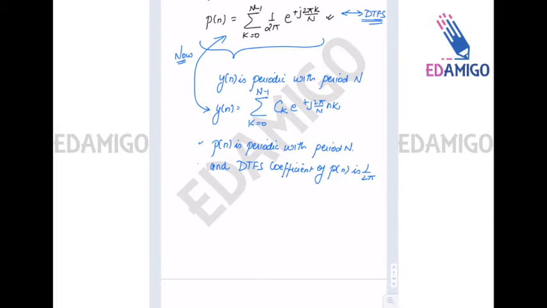Okay. Now another very important point. We know that DTFS coefficients are constant values only when the signal is an impulse train.